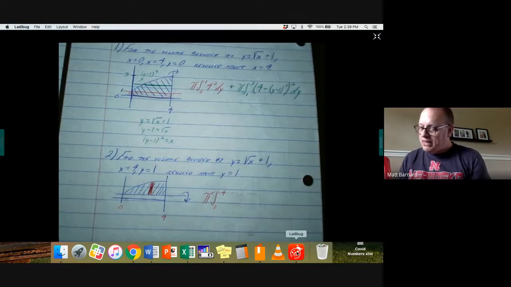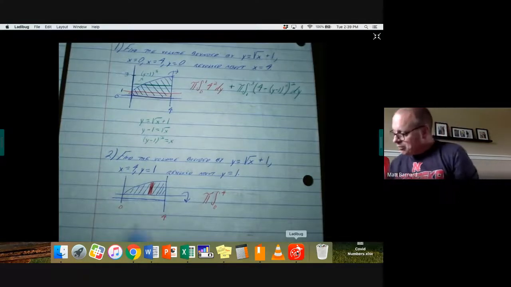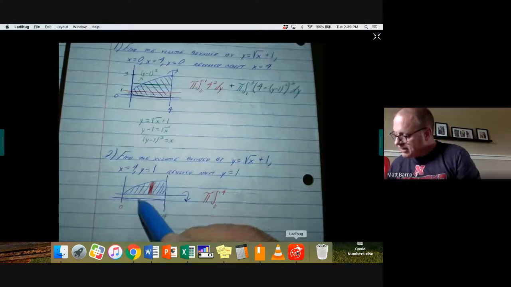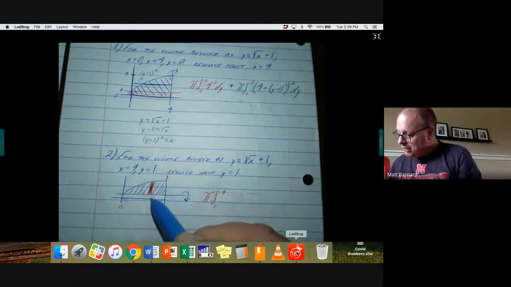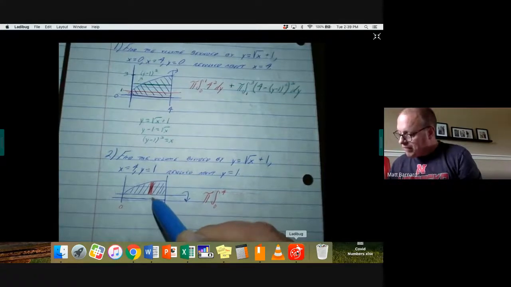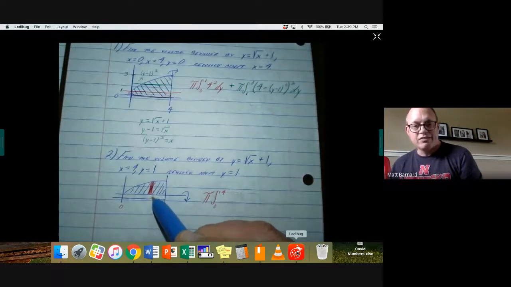Normally, I would want the square root of x plus 1 because that would be the area under the curve. But that would be from the x-axis to the top. So basically what I've got to do is take this little chunk away right down in here. Well, this gap is 1.